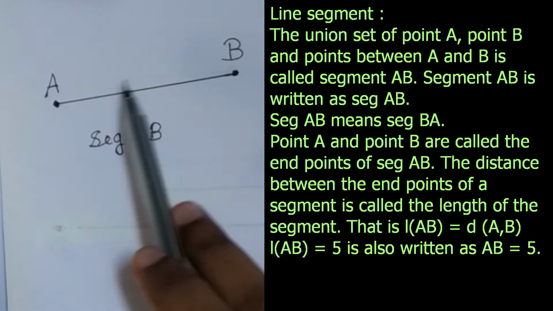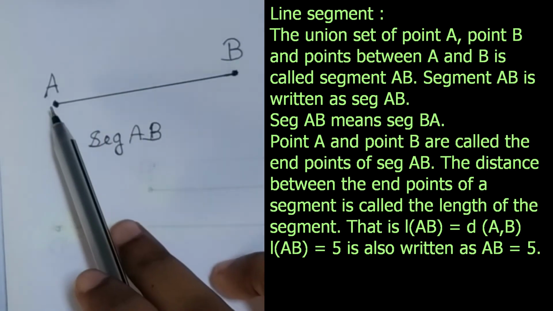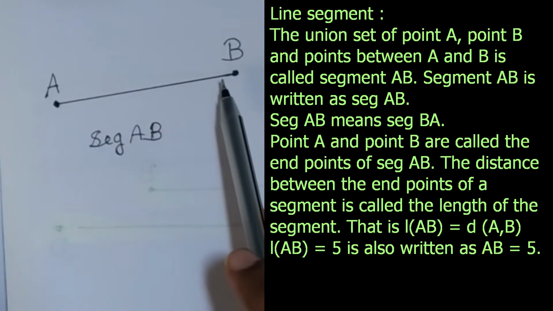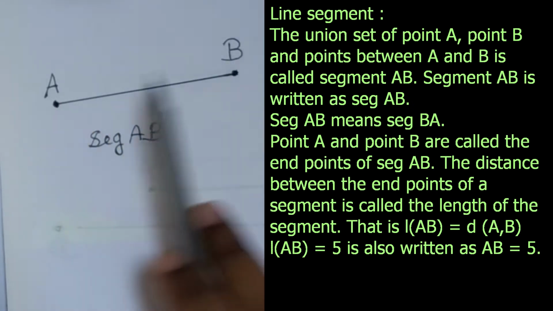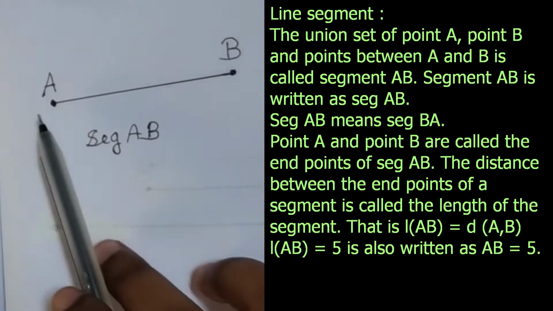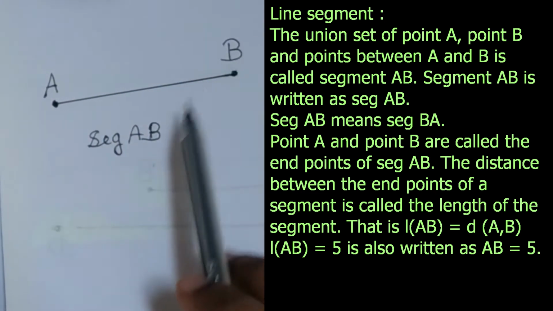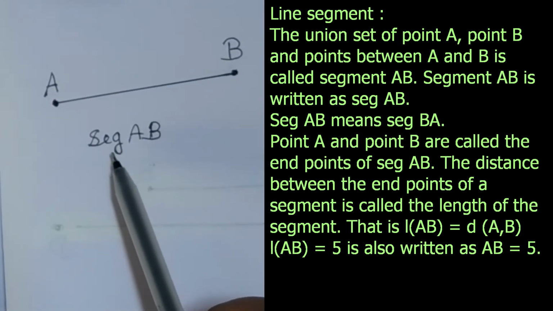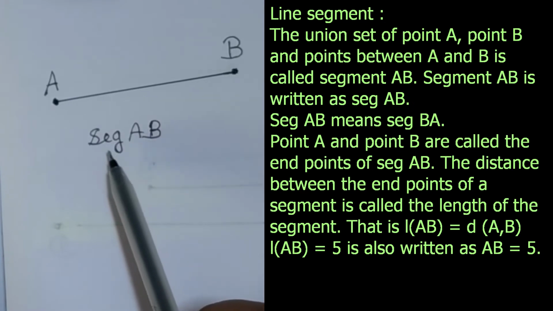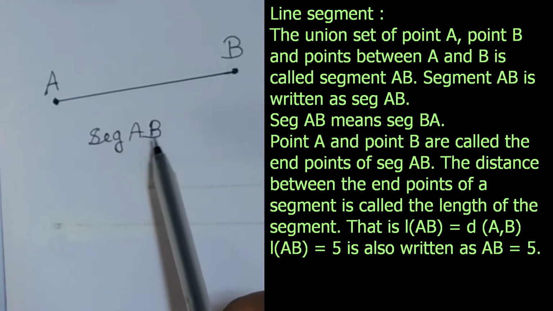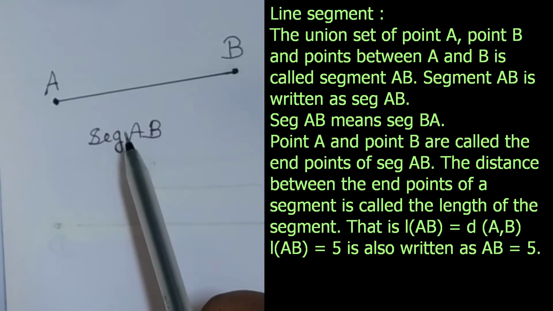Here the points A and B are called end points, and we write segment AB in short like this. See, segment AB. This is how it is written in short.